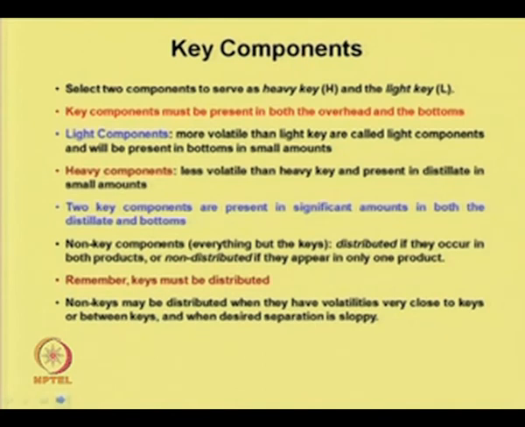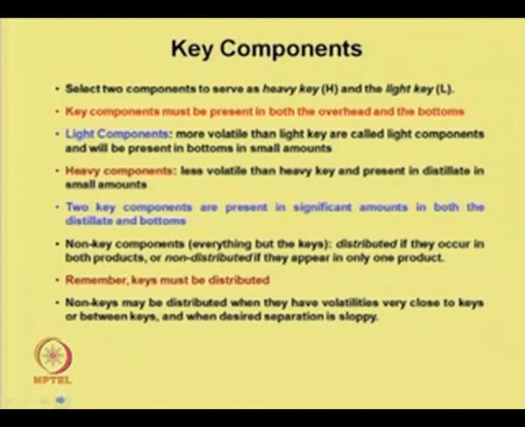Now, in multi-component distillation, another important parameter is the key component. Generally, two key components are selected. One is known as the heavy key component H and the other is the light key component, designated as L. Key components must be present in both the overhead and the bottoms.